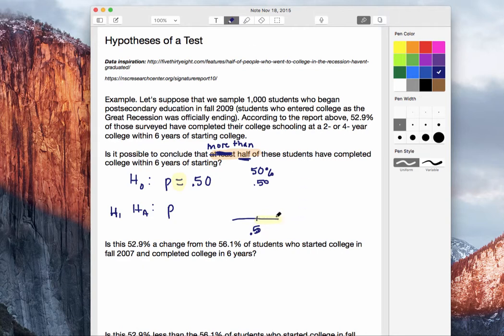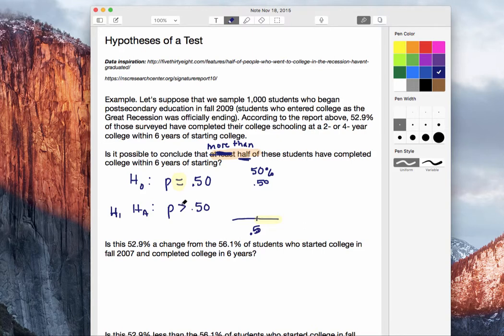We're looking at the right side, so more than, we're going to have a greater than sign. P is greater than 0.50. At this point, you might realize why I changed that wording up here from at least half. That word at least means greater than or equal to, and I can't have an equal sign in the alternative. The equal sign has to go in the null hypothesis. And to make this make a lot more sense than using at least, I went with more than.